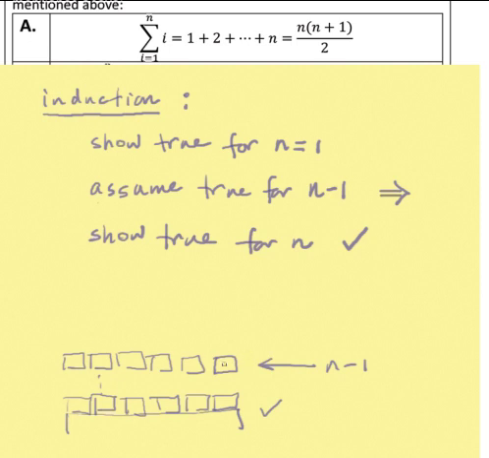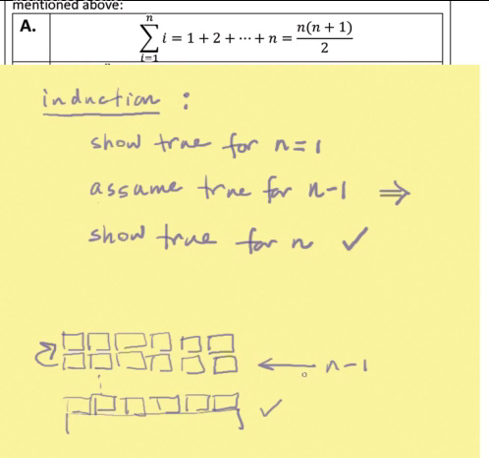This is what this assumption means. We assume that if an n minus first layer is there, then we're going to prove that this bricklayer can put a layer of bricks on top. So anytime there's a layer below, they can add a layer above. That's what we have to prove.